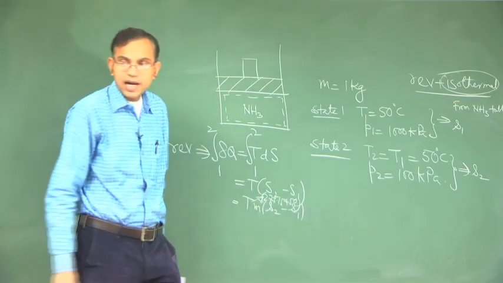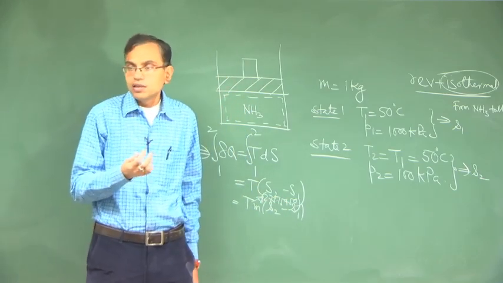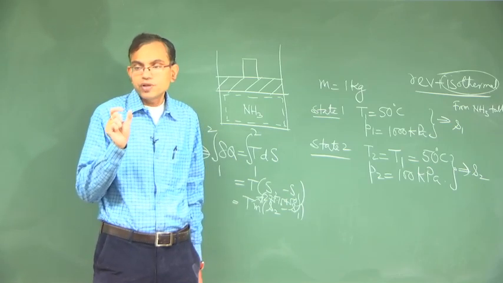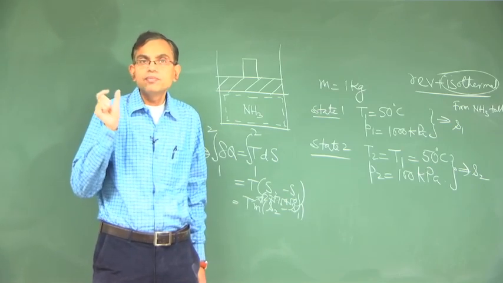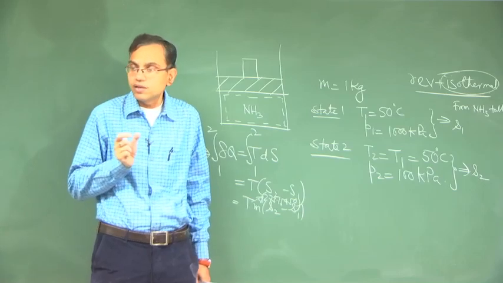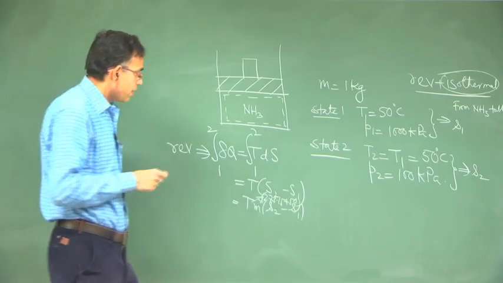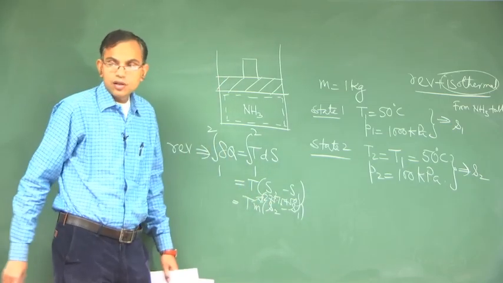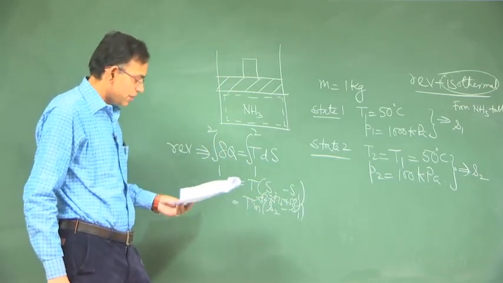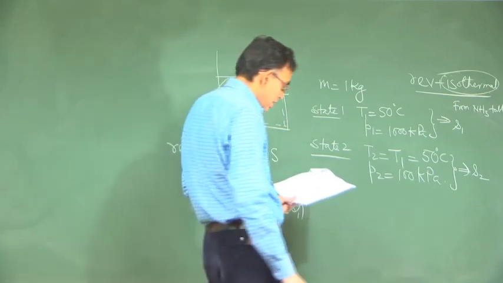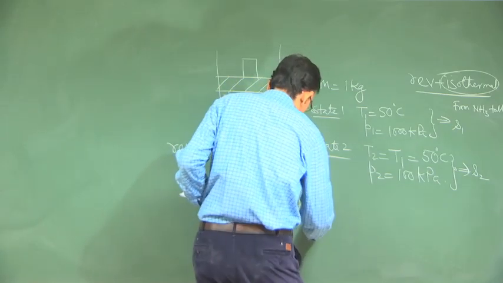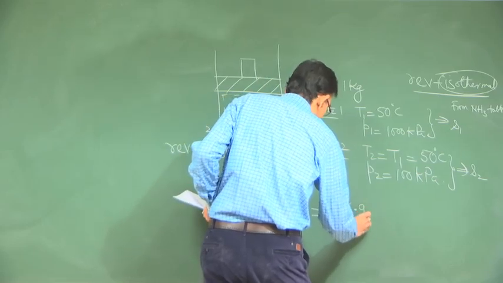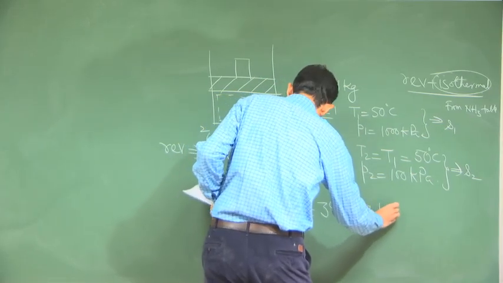In any expression that has evolved from the second law, the temperature has to be put in the absolute scale, because the absolute scale has its basis or genesis in the second law itself. If you substitute these values, you will get the heat transfer. I am giving you the answer: the heat transfer is 396.967 kilojoule.